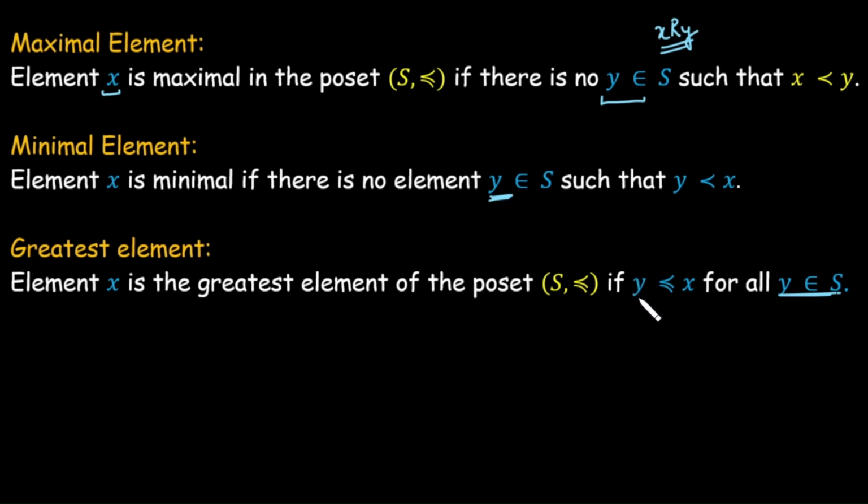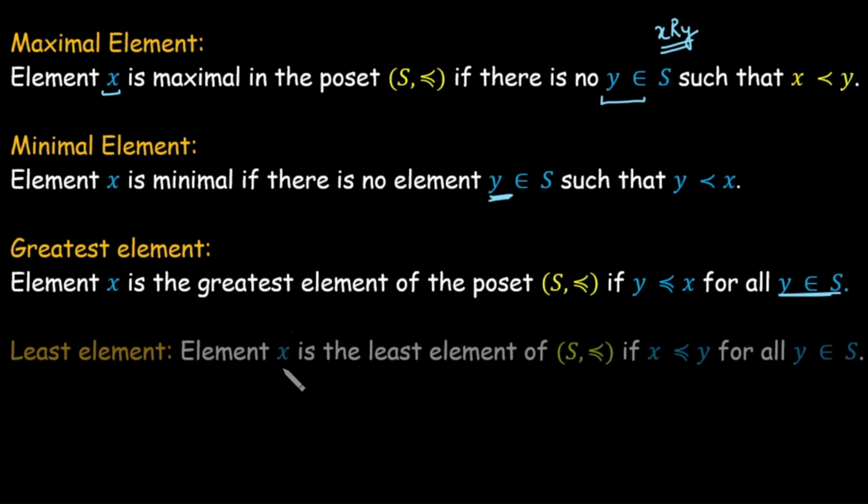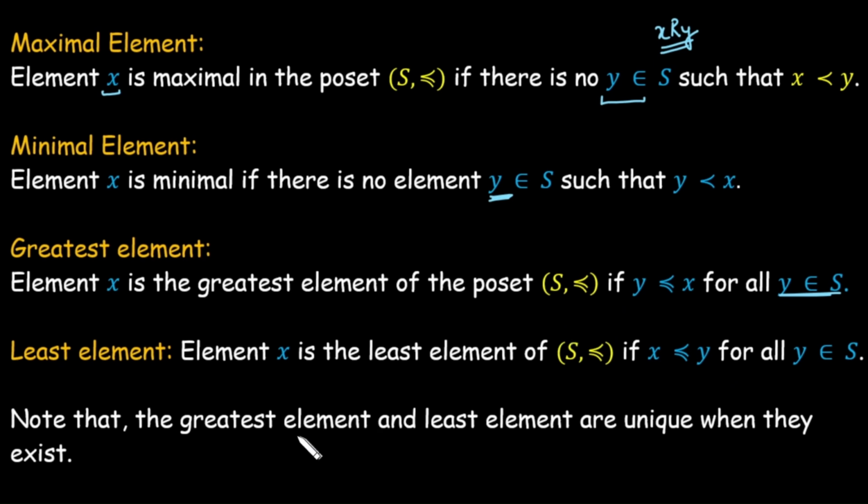Likewise, there is an element called the least element if it is less than all other elements. Generally, we can say that X is a least element if X is less than or equal to all the elements of the set. Also note that the greatest element and the least element are always unique whenever they exist.